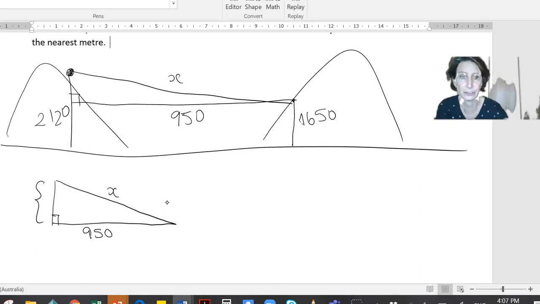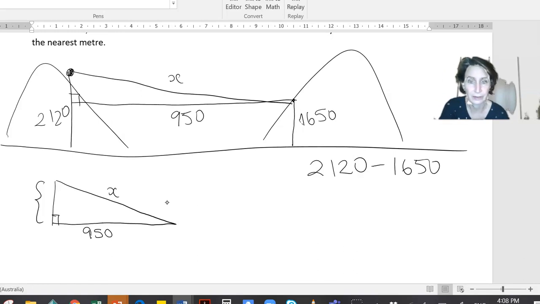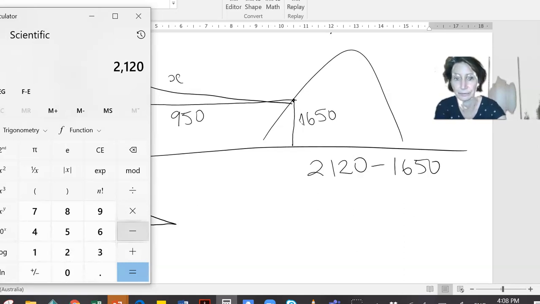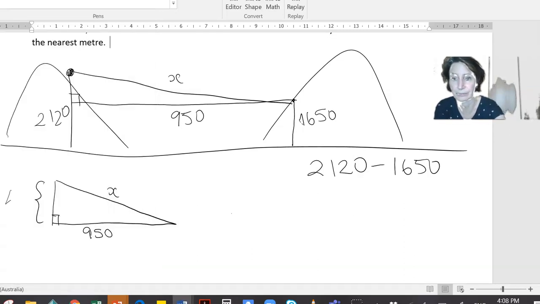And we're given the 2 heights that they are. So we know that the 2 bushwalkers are at those 2 heights, so we can calculate the vertical distance between them, which is 470. Okay, so this one here is 470 meters.